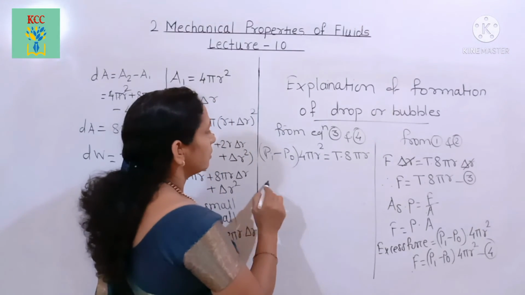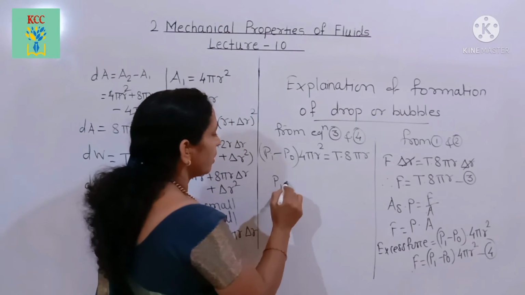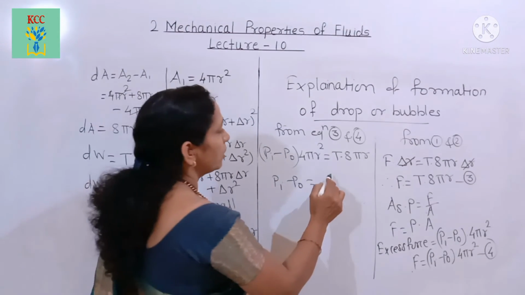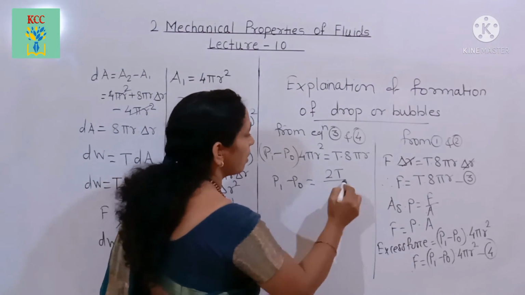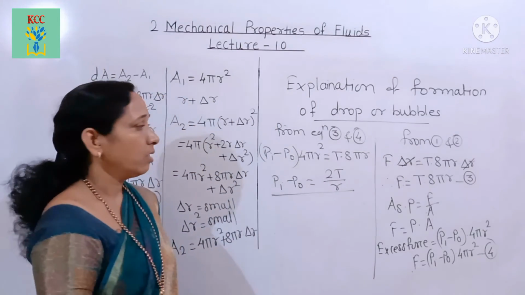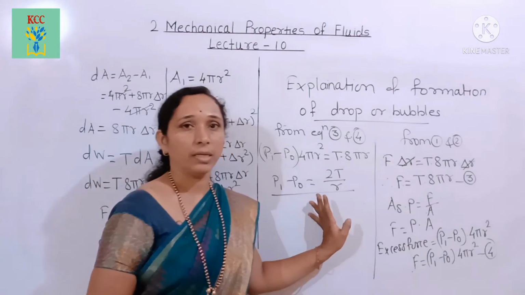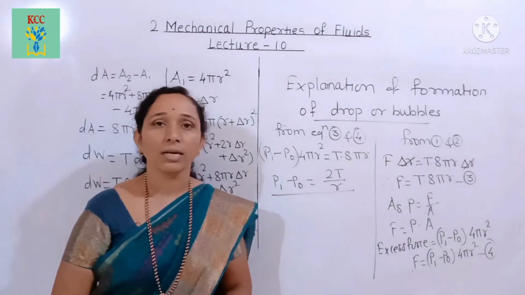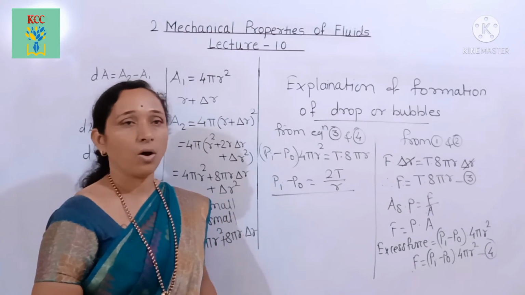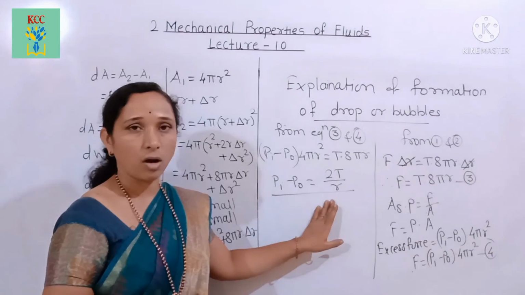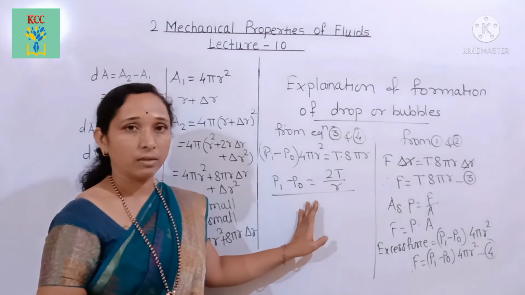We get Pi minus P naught equal to 2T upon r. This is the excess pressure acting on a droplet, and this excess pressure is called the Laplace law of a spherical membrane. This is the Laplace law for the spherical membrane.